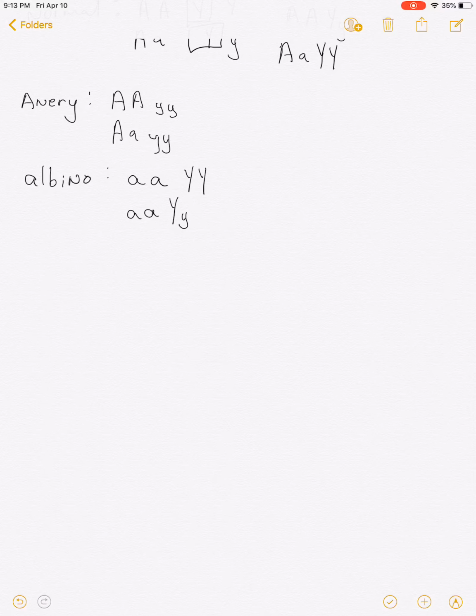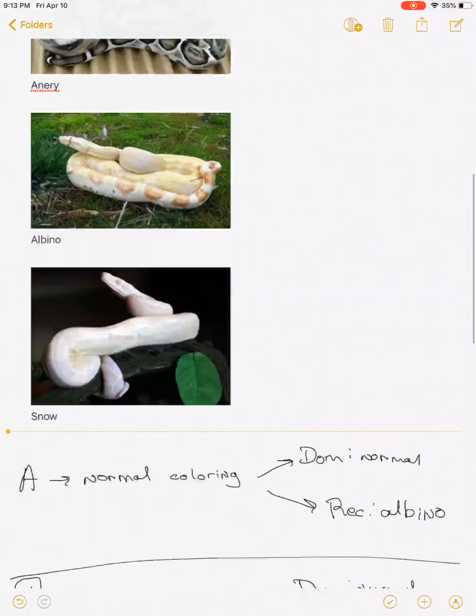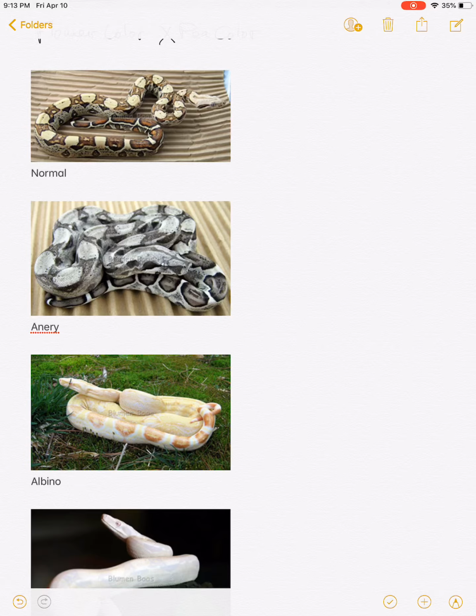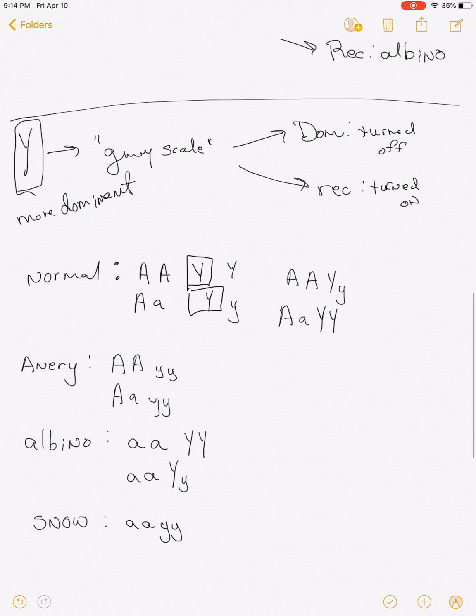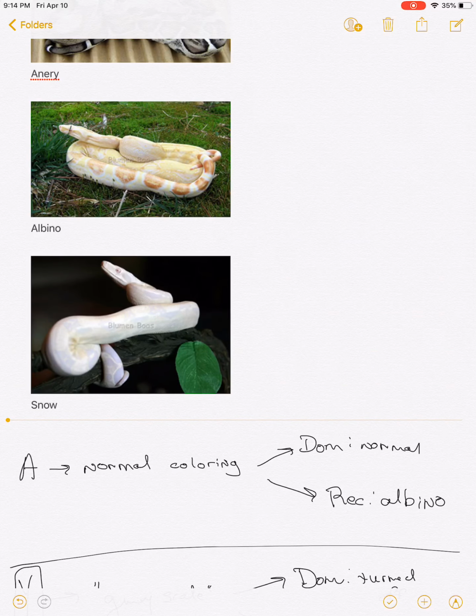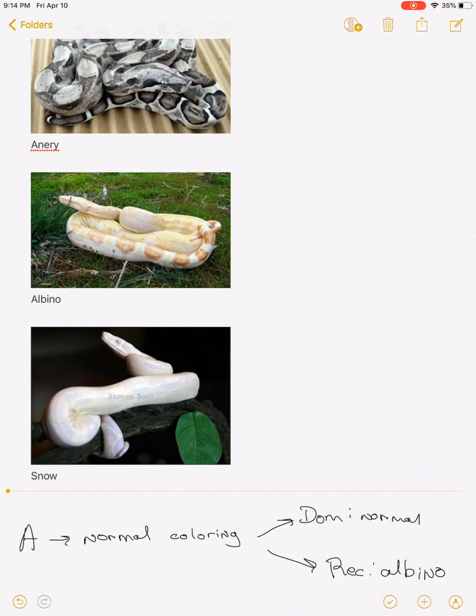And then the only way to get the snow, so we can just see that that's the normal and the albino, and the snow is essentially the albino but also grayscale. So the only way that we're going to get that is to be totally recessive. So when we look up here, the snow is essentially the albino with the grayscale.